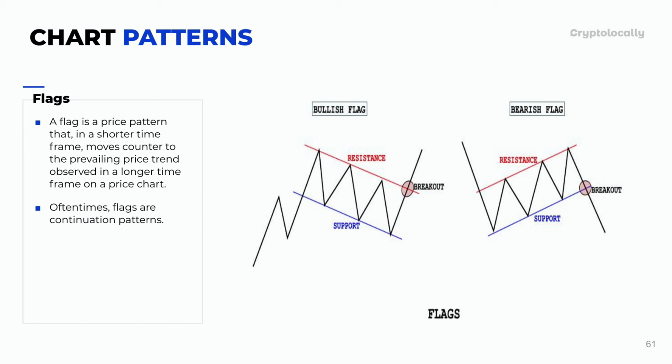Do you understand? In a downtrend, a flag is usually an up channel. When you see them, most likely the prevailing trend, which is downtrend, will continue after a breakout. Do you understand?